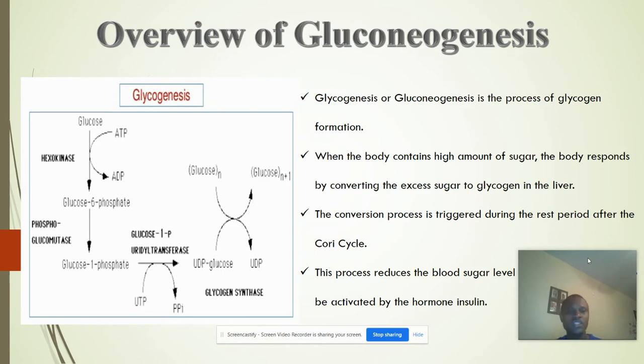In glycogenesis, usually when we have an excess of sugar in the body, which is not a healthy thing, the process is triggered in order to regulate the amount of sugar in the body by converting it into glycogen in the liver. So the excess sugar that we have is converted to glycogen and stored.